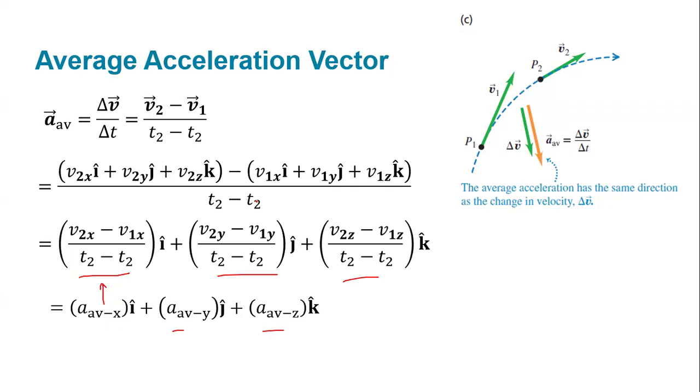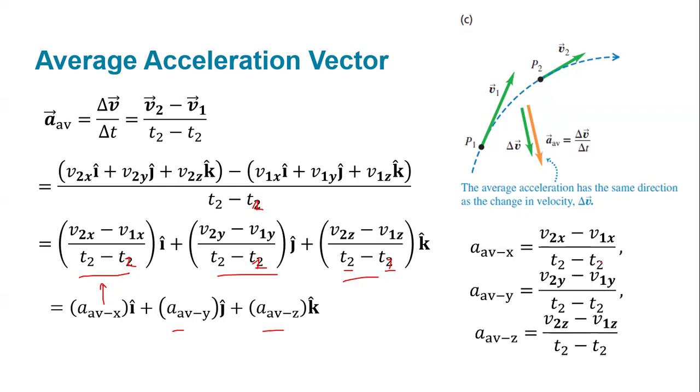Again, this is 1, not 2. So this is 1, meaning final time minus initial time. This is the initial time 1, initial time 1, initial time 1.